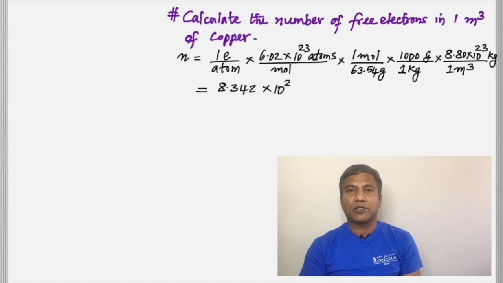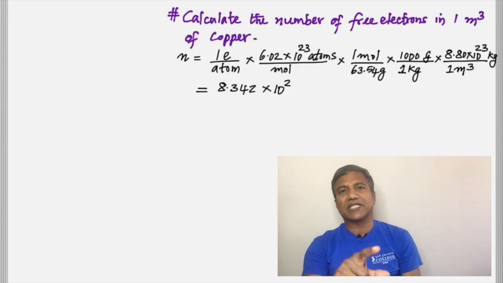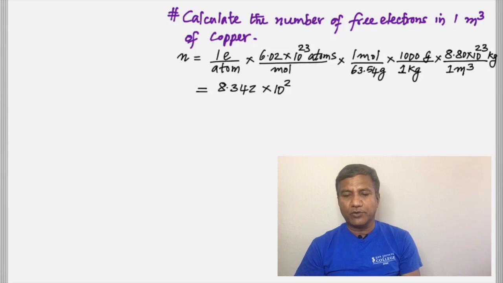There's 1 electron per atom. There are Avogadro number of atoms in 1 mole, and 1 mole of copper is 63.54 grams, but we have to change it into kilograms, which is 1,000 grams, and then we have to know how many kilograms there are in 1 meter cube, which is actually the density. So when you do all that, you get this large number.